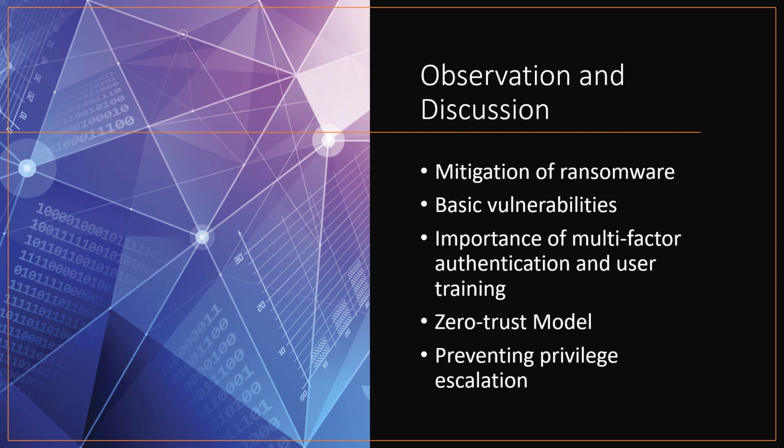So as an observation and discussion of these slides, we saw that mitigation of ransomware requires better security, improved knowledge about vulnerabilities, and a large shift in the industry mindset regarding how we see security. From what we've seen, especially with the Colonial Pipeline attack, basic vulnerabilities can lead to devastating breaches.